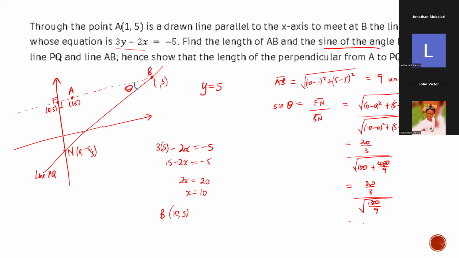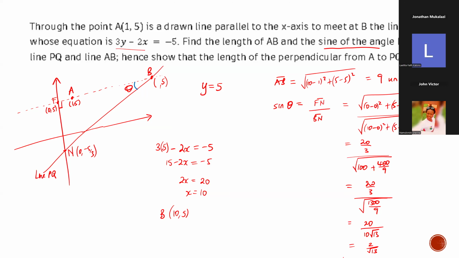So this would be your answer. This actually simplifies to 20 over the root of 1300, which is actually 2 over root 13 when you simplify that. If you go ahead and divide by a number of things, then eventually you get that.